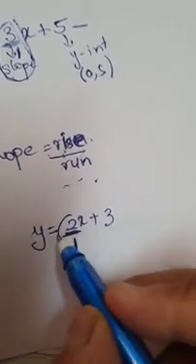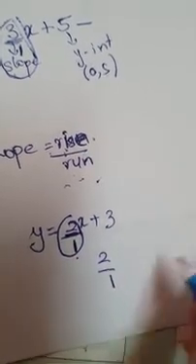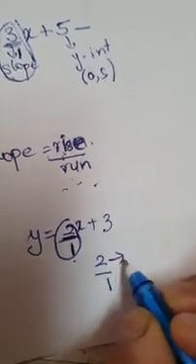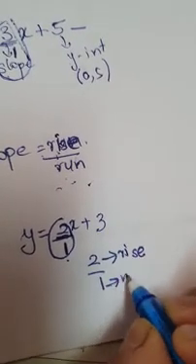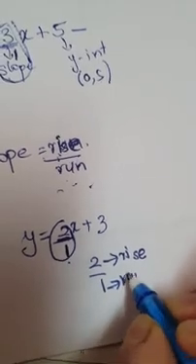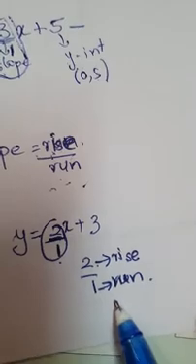Now taking this number, I will show you what is rise and what is run. The upper part, the numerator, is called the rise, and the lower part is called the run.